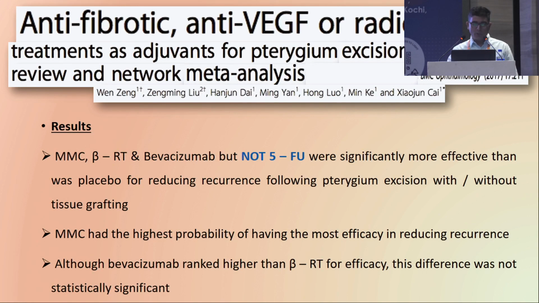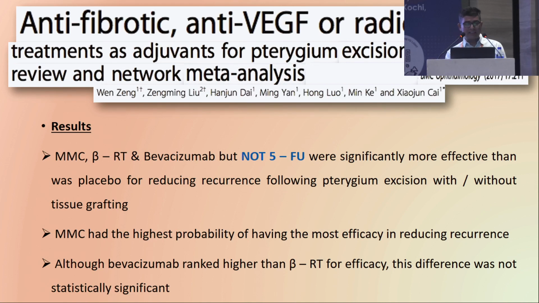radiotherapy group. And the result of this meta-analysis was that mitomycin C, beta radiation and Avastin, but not 5-FU, were significantly more effective than the placebo in reducing the recurrence following pterygium excision with or without tissue grafting.